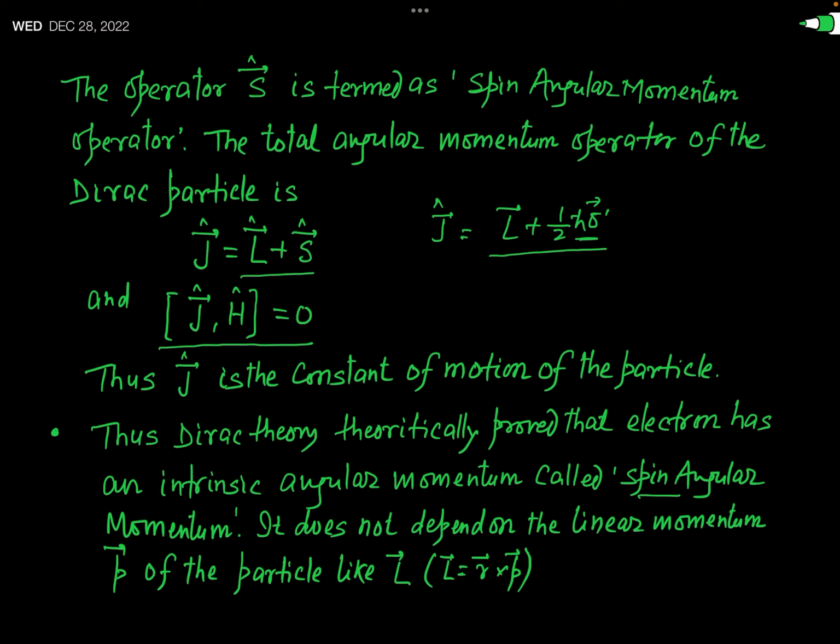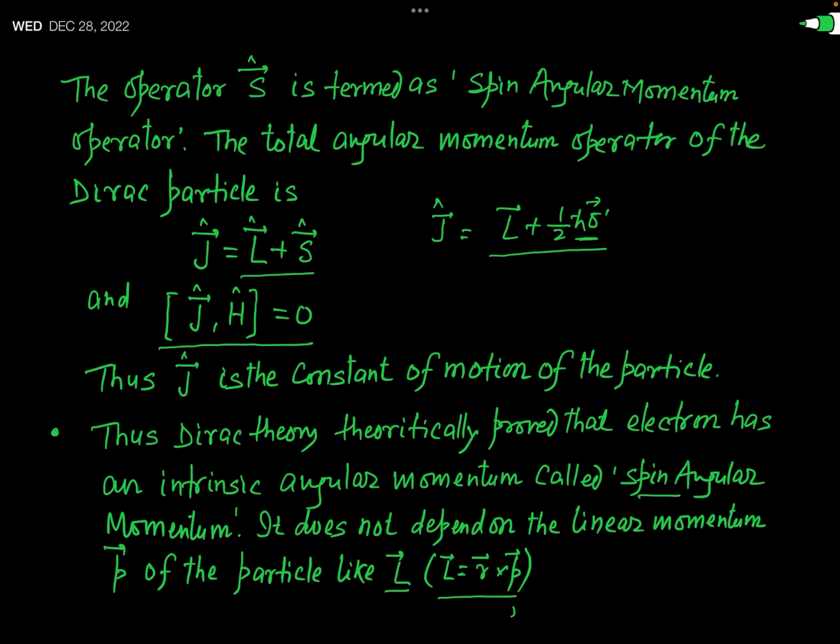You know that the orbital angular momentum L is a consequence of the motion of the particle. It is defined by L equal to r cross p, and p is the linear momentum, which is related to the motion of the particle. But this spin angular momentum is not motion dependent.